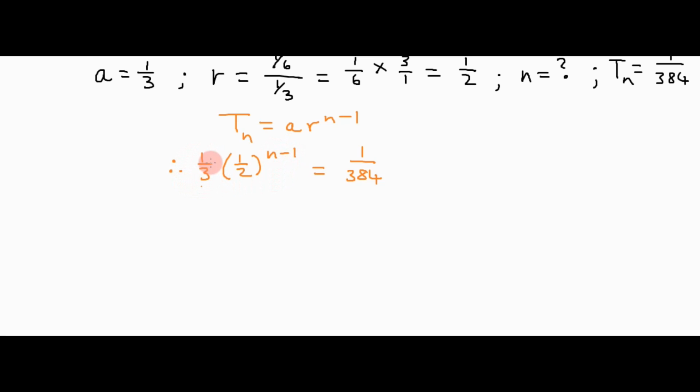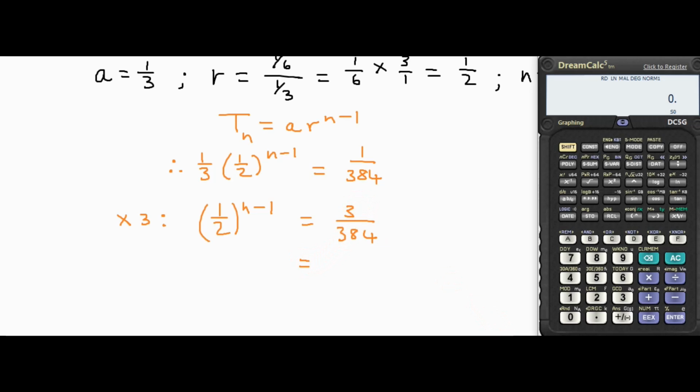So we can first get rid of the third here by multiplying both sides by 3. So we have a half to the n minus 1 equals 1 over 384 times 3 is 3 over 384. We can simplify the right-hand side. We can check whether 3 goes into 384.